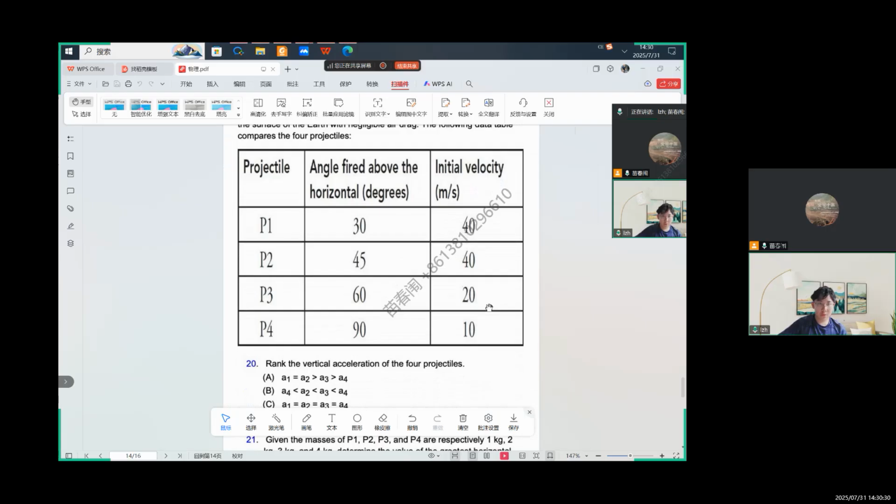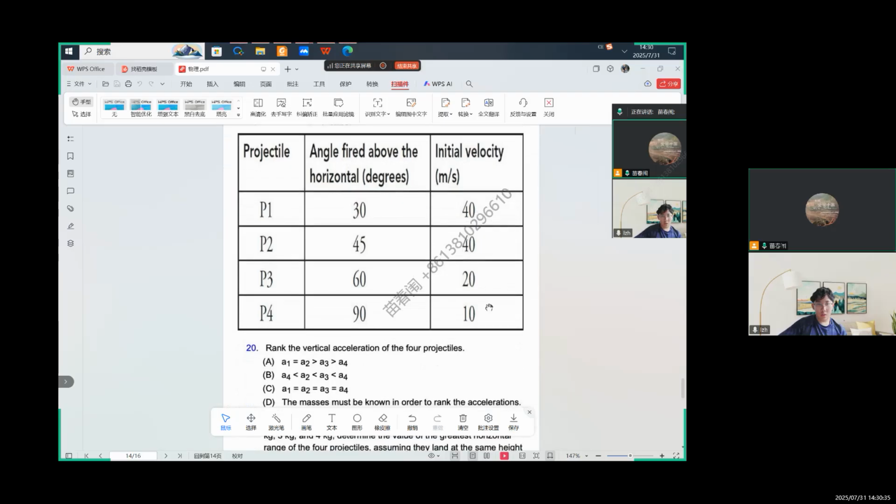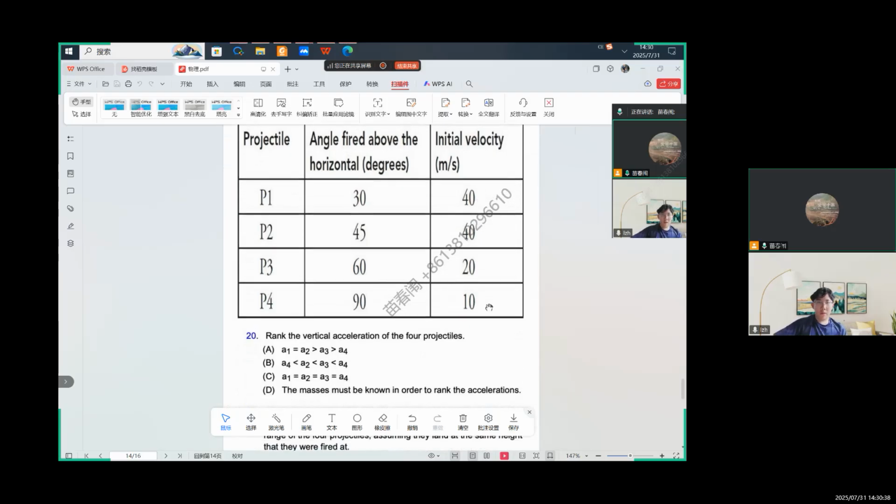For the first question, rank the vertical acceleration of the 4 projectiles. I think it's the same because it's all gravity. It's all g acceleration, so it's gonna be C. We don't have to calculate when it's a property phenomenon.